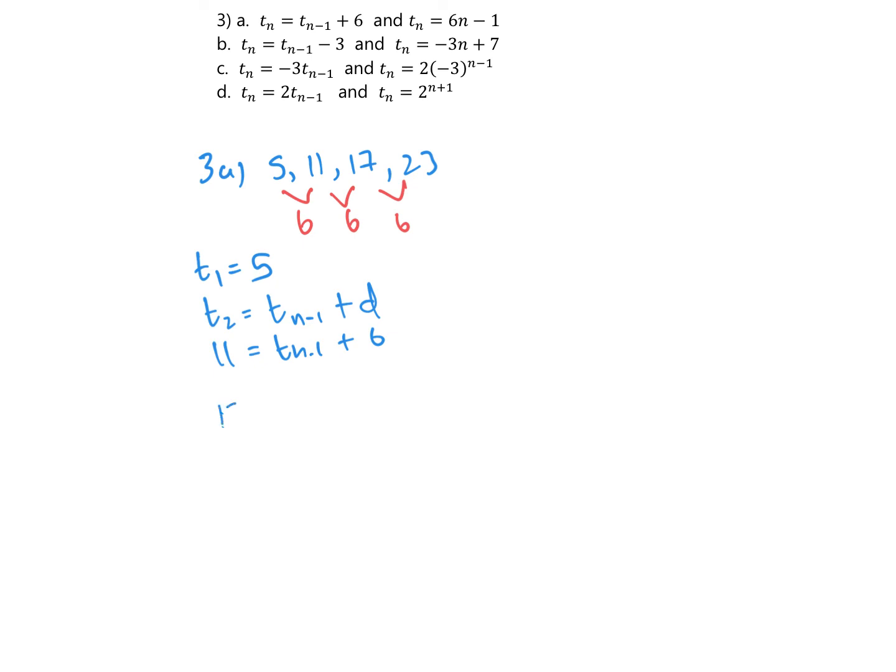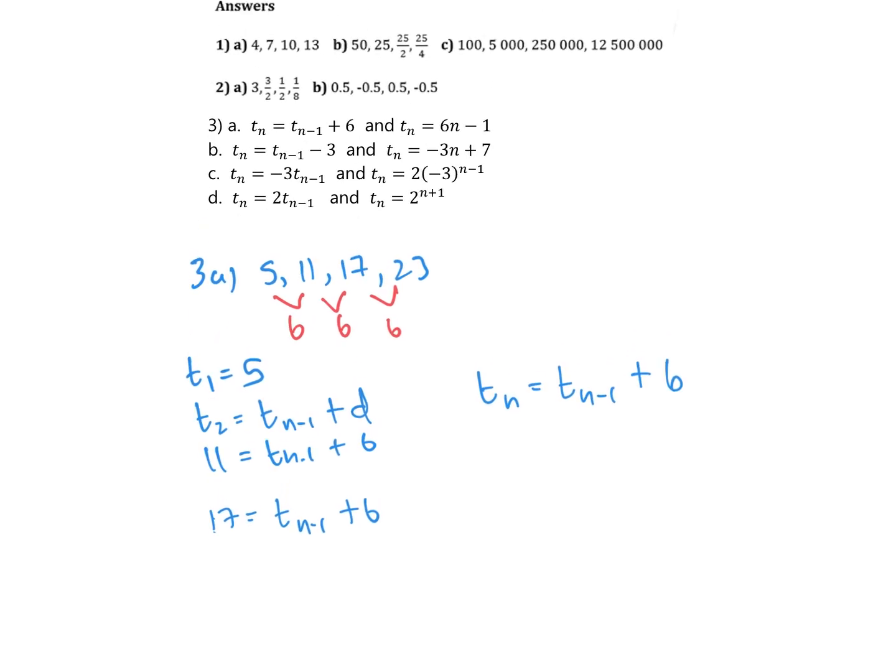The third term is 17, which is again t sub n minus 1 plus 6. So I can see that the recursive formula will be t sub n equals t sub n minus 1 plus a common difference of 6.